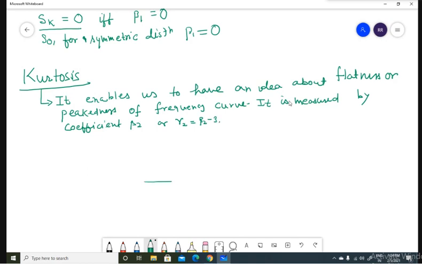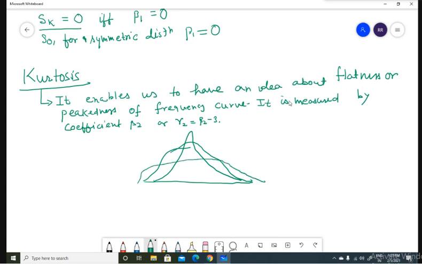So there are three types of kurtosis. One is a peaked curve, the second is the normal curve, and the third one is a flat curve.